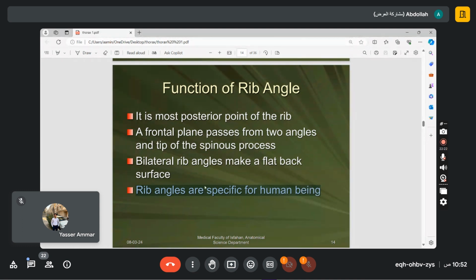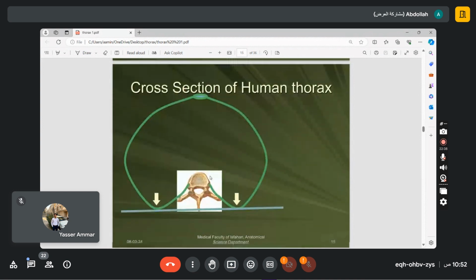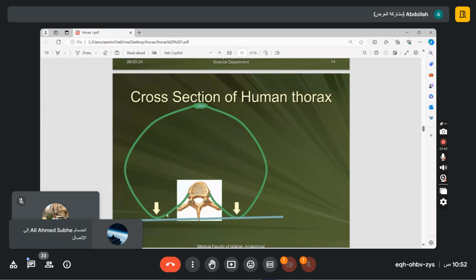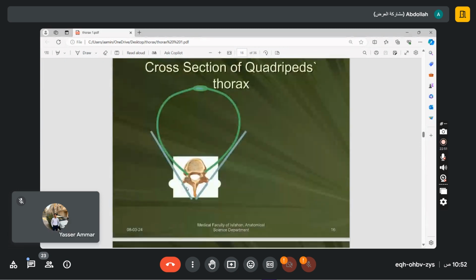For example, in the final exam, I might ask which of the following belongs to the human, and you say this is found only in humans. Look here. This part is the angle, the posterior part.